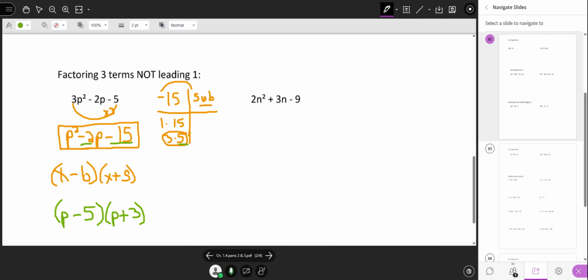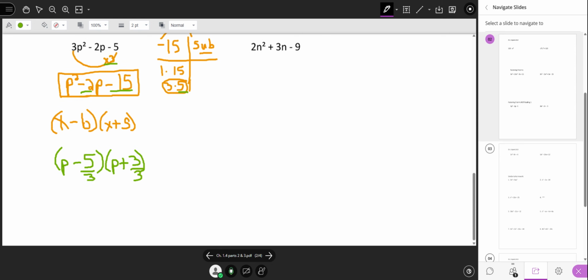Now, the problem is we multiplied by 3. So since we multiplied by 3 in that step, we have to divide by 3 here. And then we simplify. 3 divided by 3 is 1. Well, 5 divided by 3 doesn't clean up, so I have to pull that 3 out in front of p.